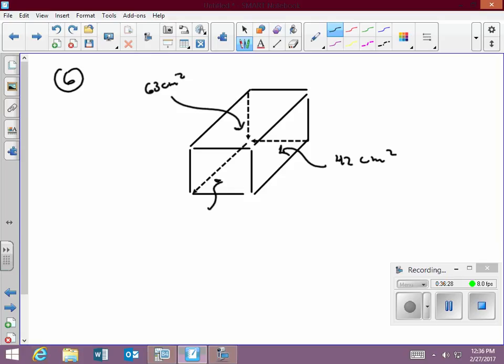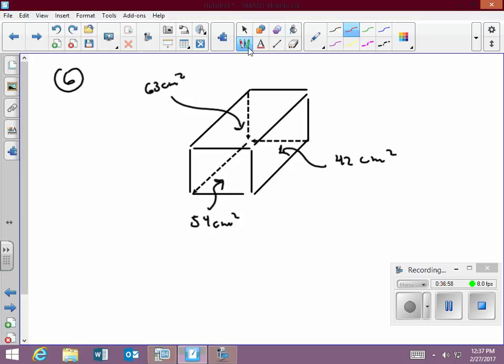Not quite a good perspective. And so they want to know, actually, the way the areas are, this would be length.